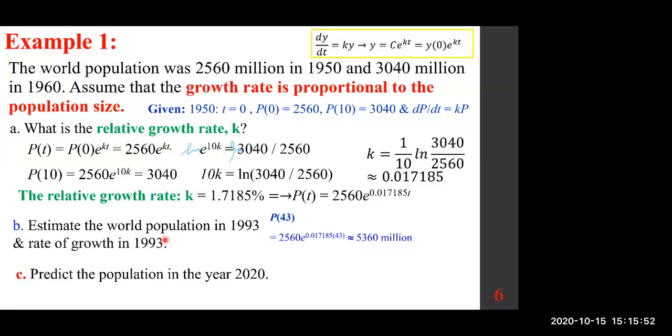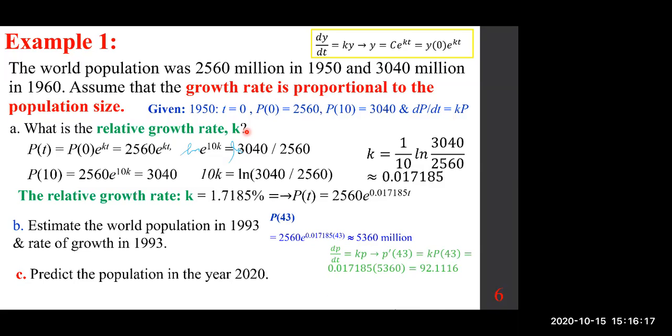Now, what is dP/dt equal to? K times P. So you can calculate the left or you calculate the right. You want dP/dt in 1993, so you multiply the population by K. You already have found K in the previous step.